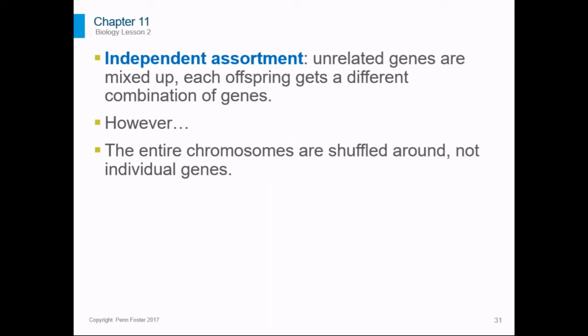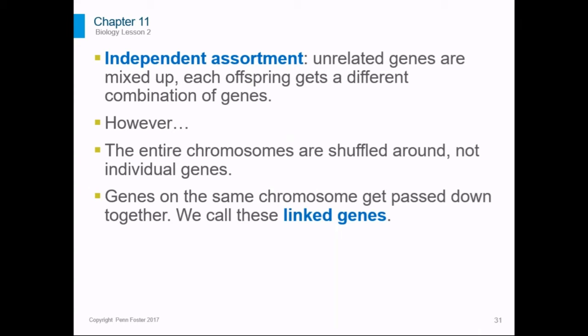So this means that actually the entire chromosomes are shuffled around. Genes that are on the same chromosome, they don't get separated from each other. They get passed down together, even if they are for unrelated traits. So we call these linked genes. Okay, so you should know those terms, independent assortment and linked genes.